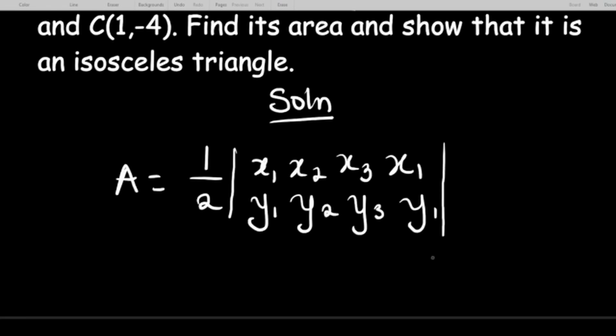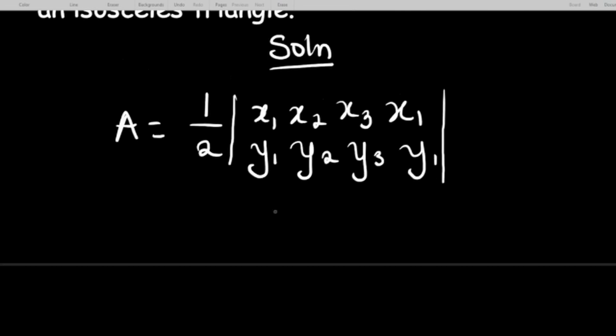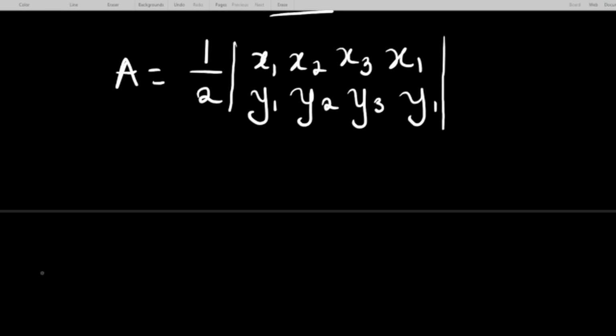Okay, so for a lot of students, this formula is very challenging and they don't know how to use it. To simplify this, here is what you have to do. You say the area is giving us 1 over 2. Then you also place a vertical bar right here and you open a bracket.